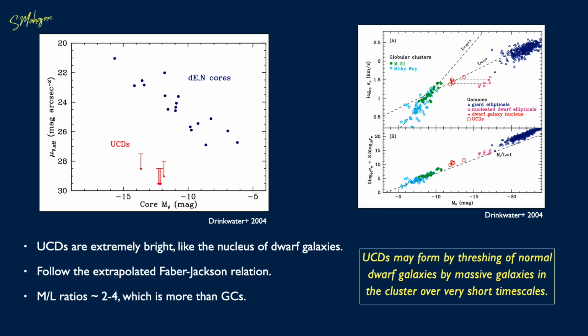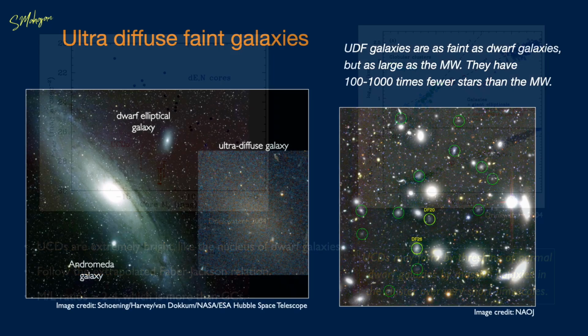In the Fornax cluster, the UCDs have much lower surface brightness relative to the core of the nucleated dwarf ellipticals. These observations evidently disprove the suggestions that UCDs are bright nuclei left over from the threshing of dwarf galaxies around the central dominant galaxies in clusters.